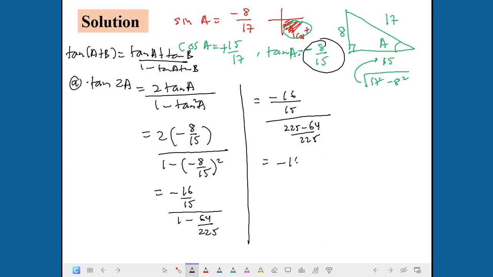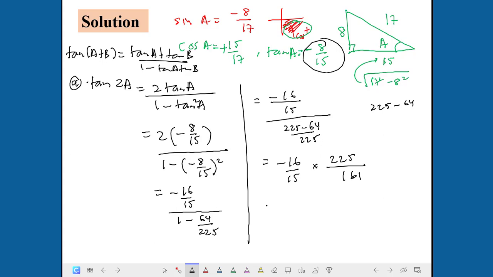So negative 16 over 15 times 225 over 225 minus 64. Check the answer, try to find the value: 225 minus 64 is 161.